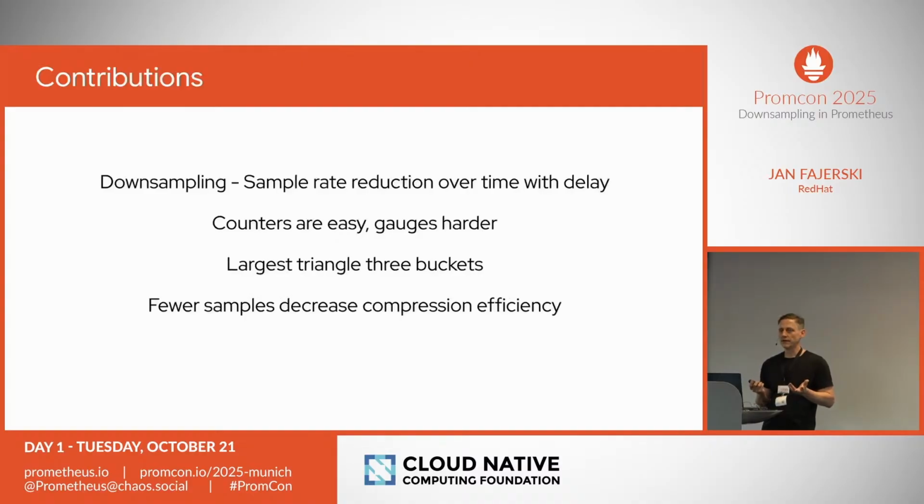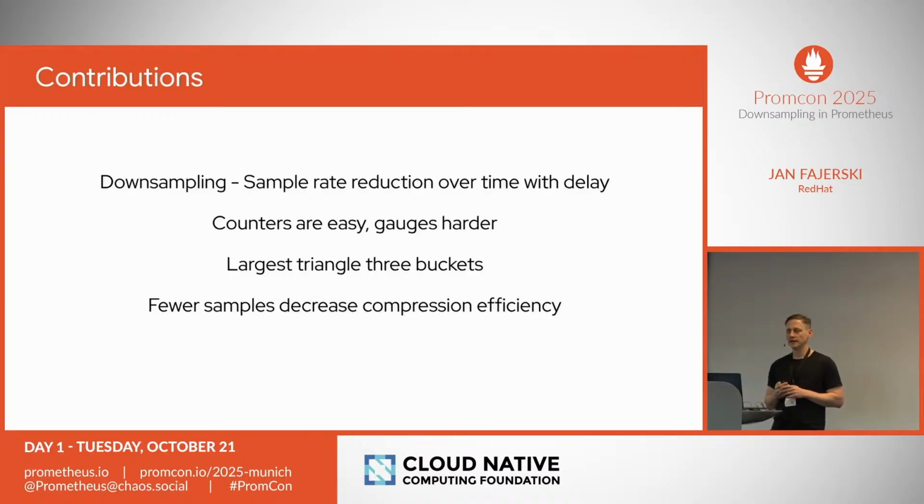So what do we learn today? Downsampling. We talked about what we probably mean with downsampling, or if you have other opinions, I'd definitely like to hear about that. Counters are pretty easy to downsample, and I think histograms too. Gauges, not so much. I introduced you to a pretty cool algorithm, I think.